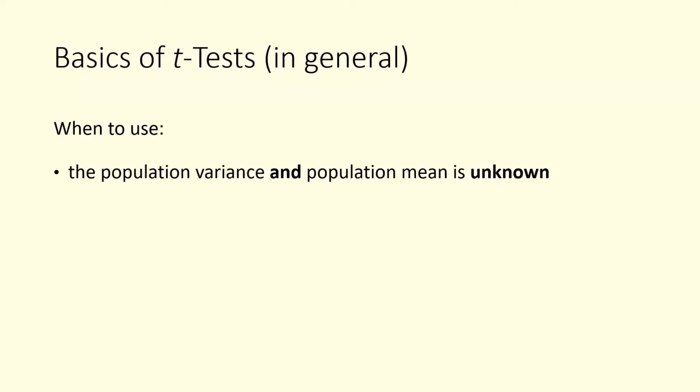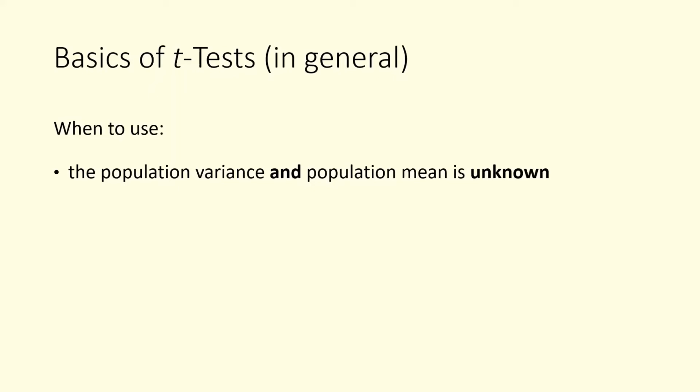In general, when we think about the basics of t-tests, our first question is always going to be, when we have a new test, when do we use this new test? Specifically, we're going to use a t-test when the population variance and the population mean are unknown.